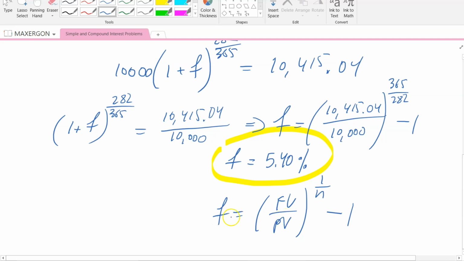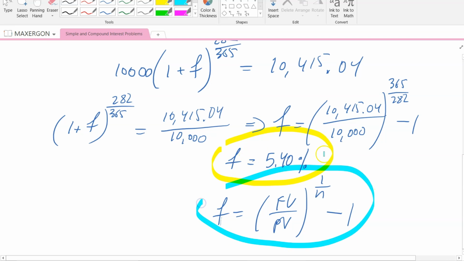Before we had this formula for periodic rate for I, but because for effective rate the period is 1 year, periodic rate and nominal rate are the same for effective rate. If one uses this formula, then bypassing algebra, it is possible to find the answer, which is 5.4% compounded annually.